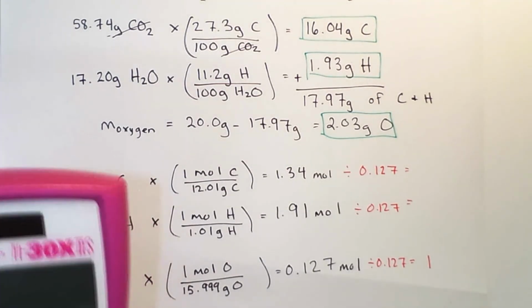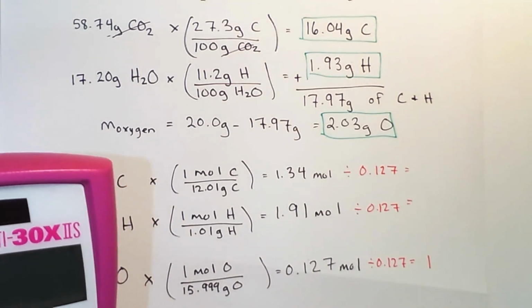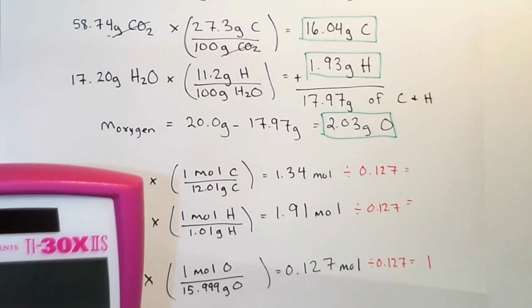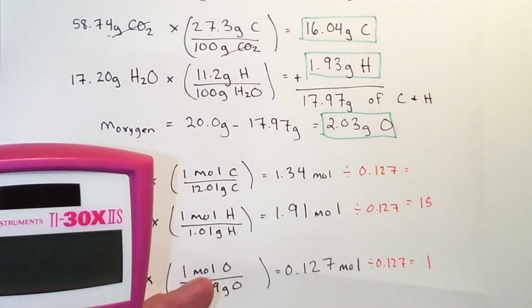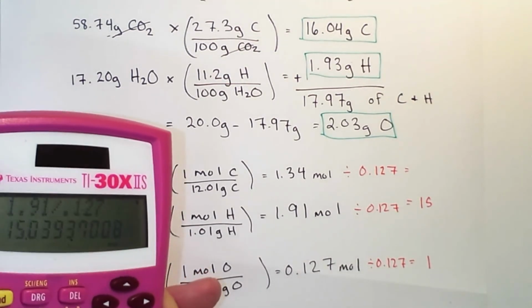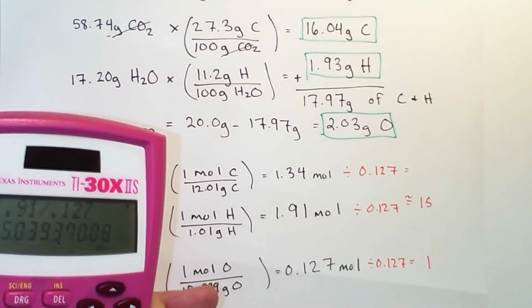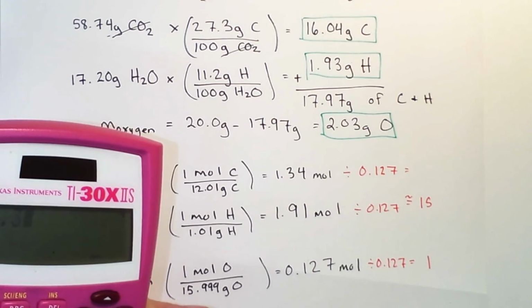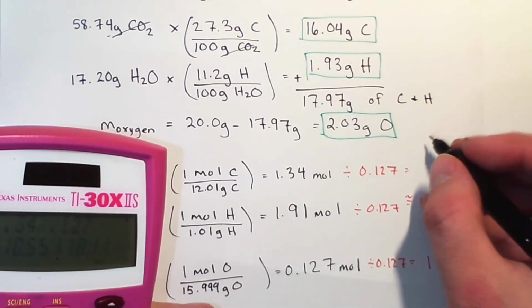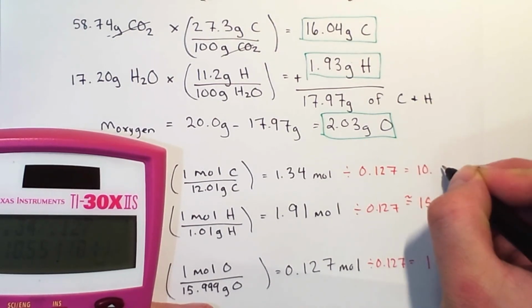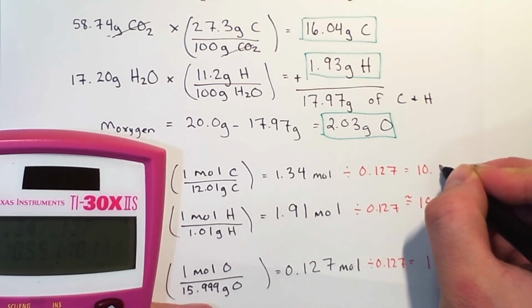So obviously the oxygen is 1, 1.91 divided by 0.127 is 15.04, so we're just going to round it to 15. Put a little approximate sign on it if we want. 1.34 divided by 0.127, and I get 10.5.